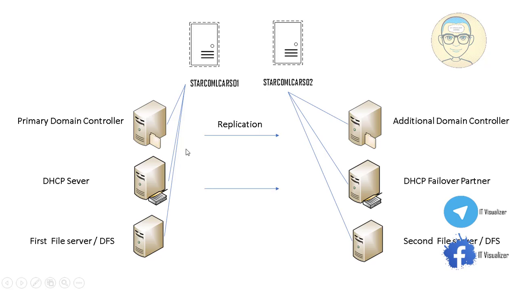Our DHCP server and our failover partner will have replication, so both have the same configuration. And at the end, we will also have replication between the first file server and the second file server using DFS, so they will have the same data on both servers. We will do this in this video.